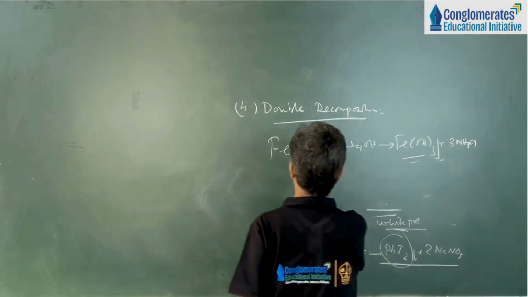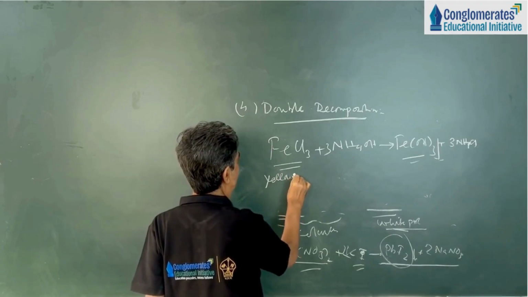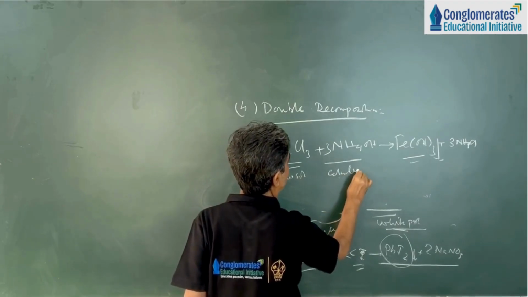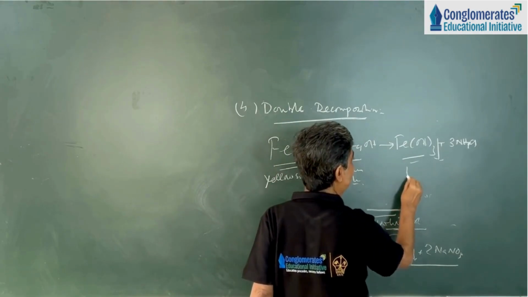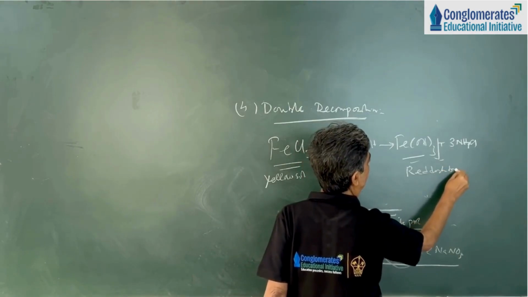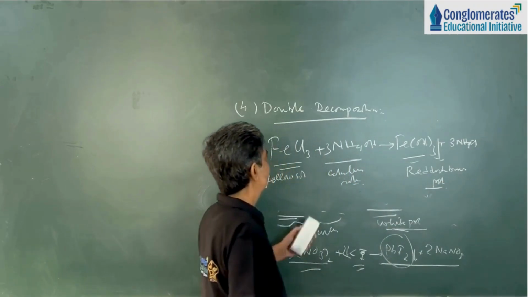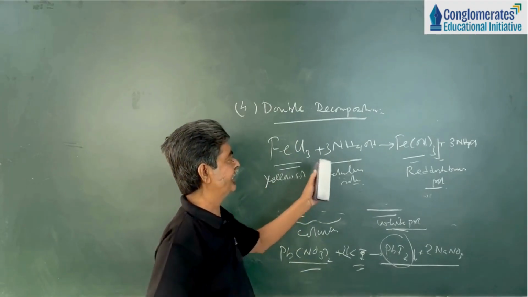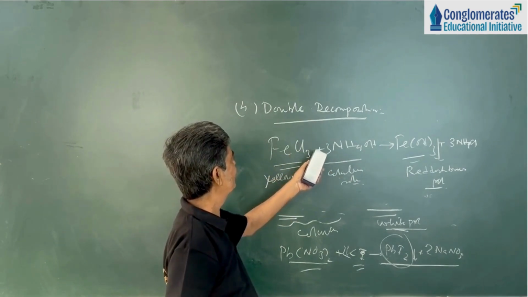Now FeCl3 is a yellow solution, and NH4OH is a colorless solution. When they mix with each other, we get a reddish brown precipitate. So when the colorless solution and yellow solution mix together, we get a reddish brown precipitate, and this is also a double decomposition reaction.